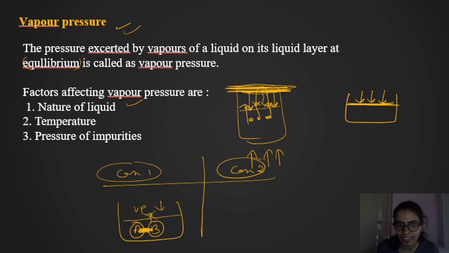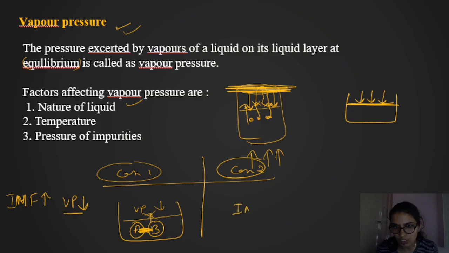So can I say, if the intermolecular force of attraction (IMF) is higher in the liquid, then the vapor pressure is lesser. So the higher the intermolecular force of attraction between the components present in the liquid, a decrease in vapor pressure is observed. Simple. Case 2.